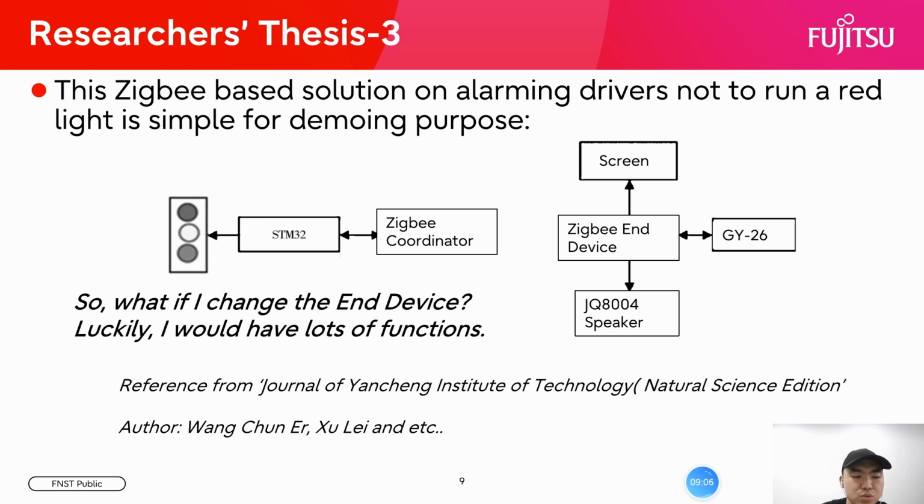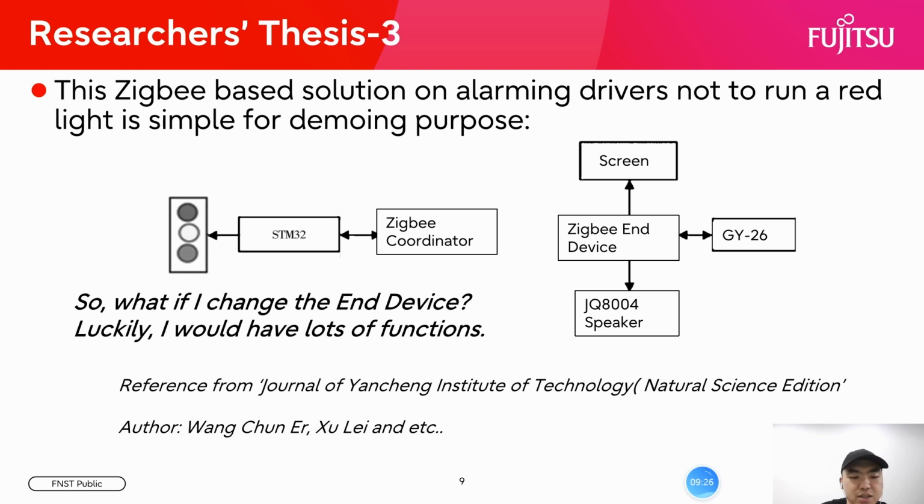In this author's work, the end device integrates a screen, a speaker, and a moving direction judgment clip. So when crossing the red light, the traffic light can send a signal to express whether it is allowed to pass or not.